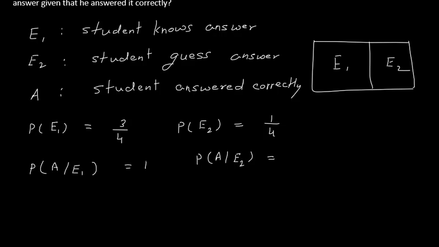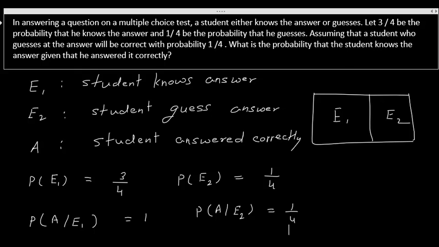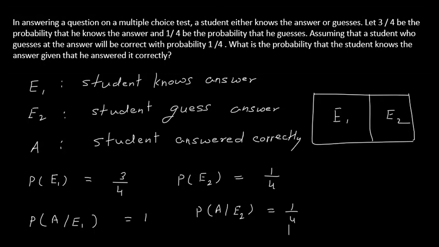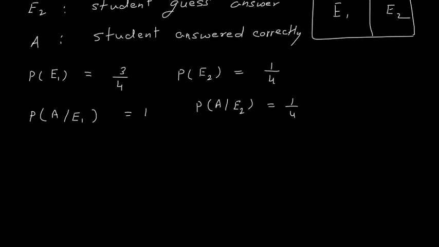So it is 1 by 4. Assuming that a student who guesses at the answer will be correct is 1 by 4. So here we know the answer is correct. What is the probability that student knows the answer? So here we have to find probability of E1 when I know that answer is correct. This we have to find.